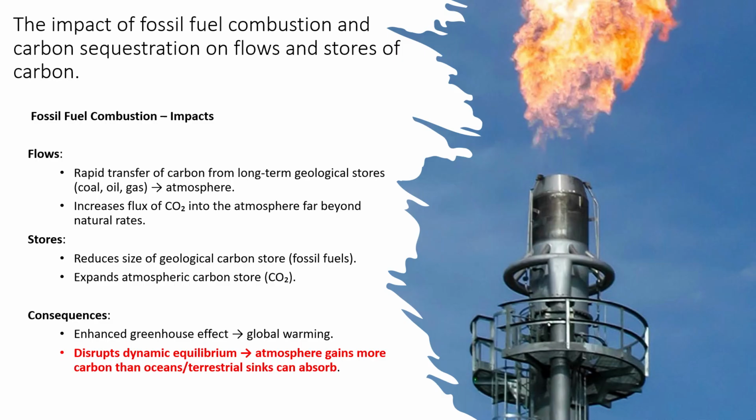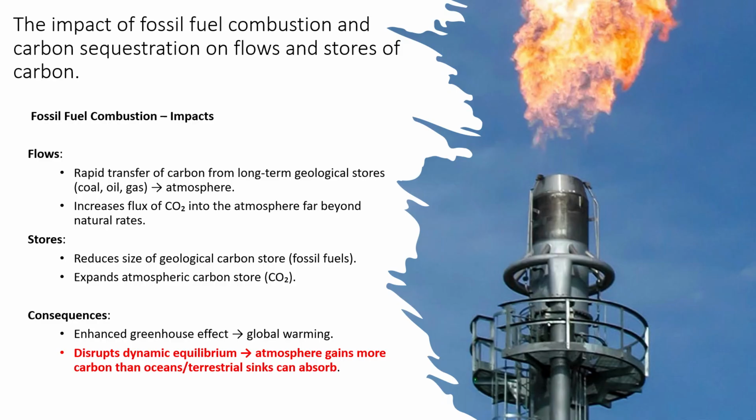Again, human activity, combustion is going to have an impact, this time particularly on our carbon cycle. We've talked about this briefly before, but if we are trying to get oil and gas out of the ground or out of the ocean, the rocks beneath the ocean, sometimes it can be very difficult and expensive, and one way to reduce those costs for businesses is to flare off the excess gas.